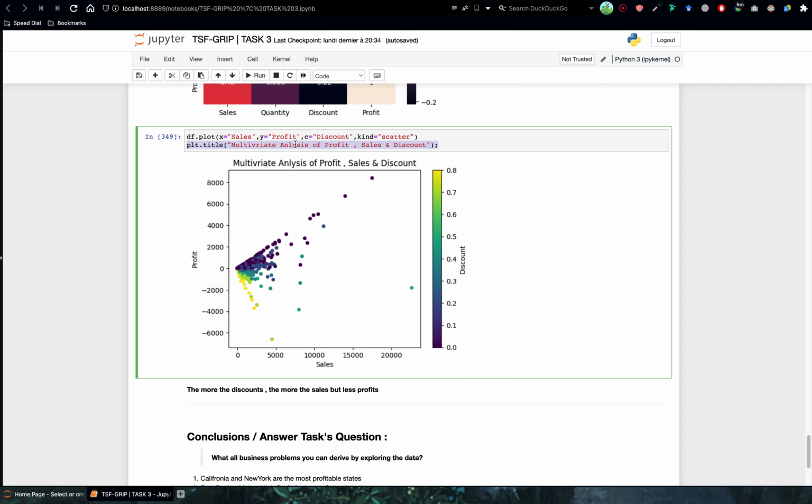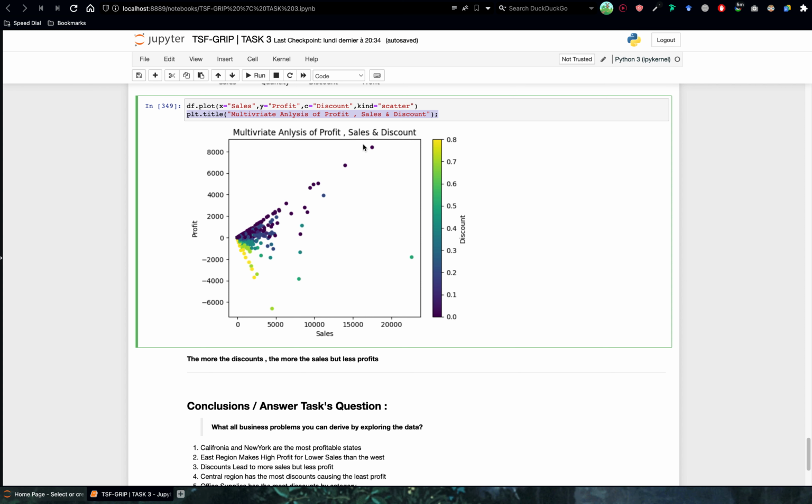Here is a multivariate analysis of profit, sales, and discounts. Here we can see clearly that the more discounts, the more sales we will make. Through this coloring, the more discounts, the more sales we make, but also the less profit we make.